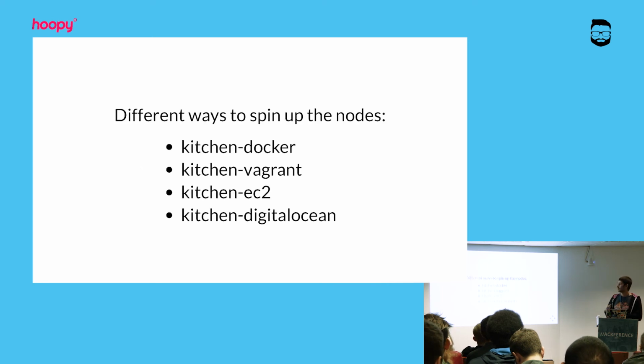Test Kitchen has a few different drivers, so there are different ways that you can actually spin up nodes. If you use a Docker-based infrastructure, you can use Docker. If you primarily work with something like Vagrant, with VMware, you can spin up a virtual machine. If you're deploying to a cloud, you can actually test on that instance.